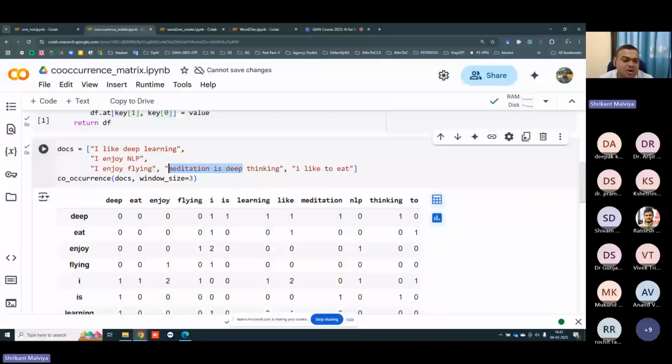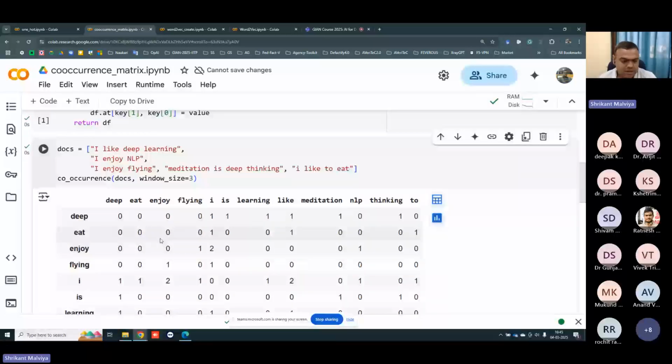Any words beyond the 3 length will not be paired up and will be considered as 0, like I and eat. They are in the context of 4 window size, not 3 window size. So for I and eat, you will find 0.